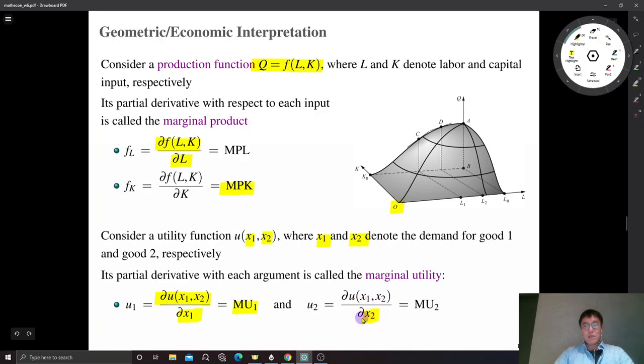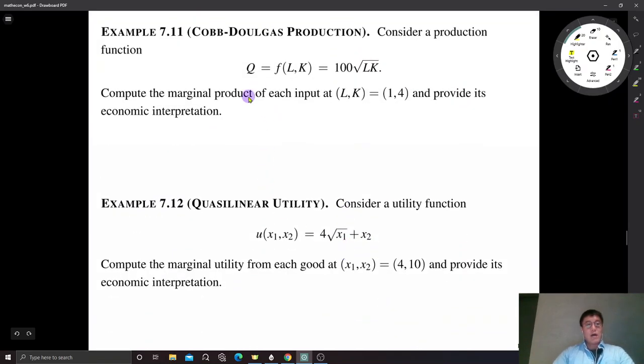Okay, so just increase the consumption of good 2 by 1 unit, and the increment of utility from that is called the marginal utility from good 2. Right? So in these two cases, partial derivatives have some nice economic interpretations.